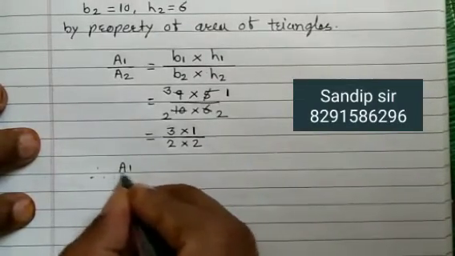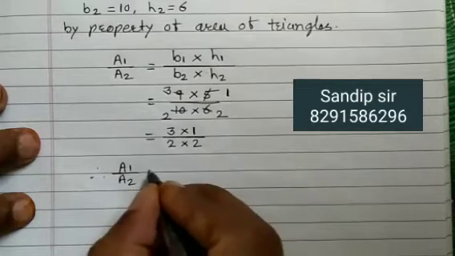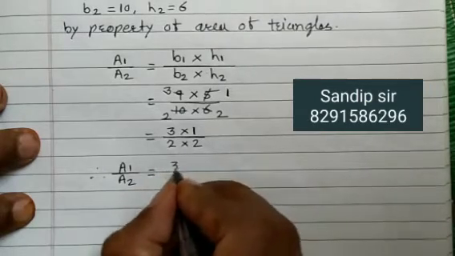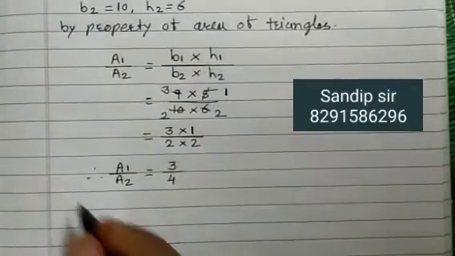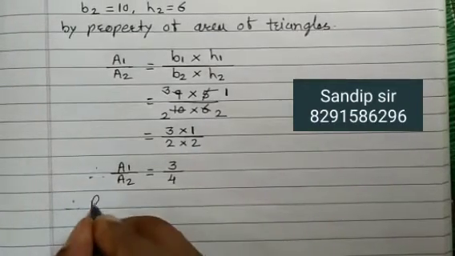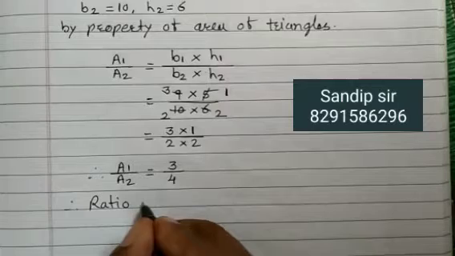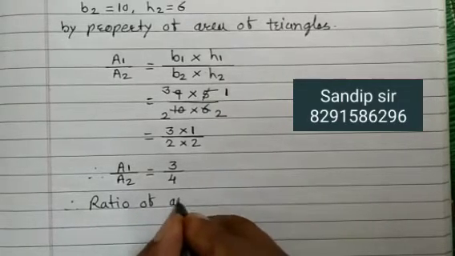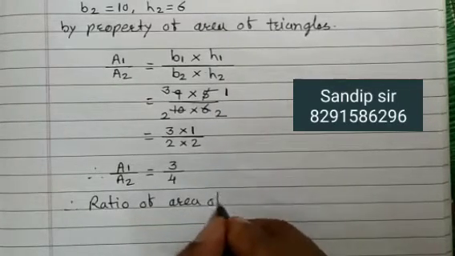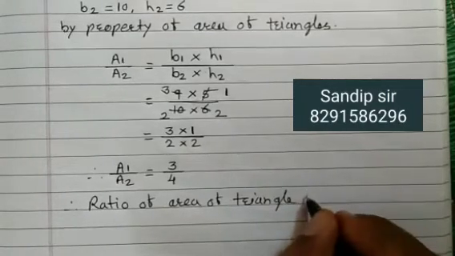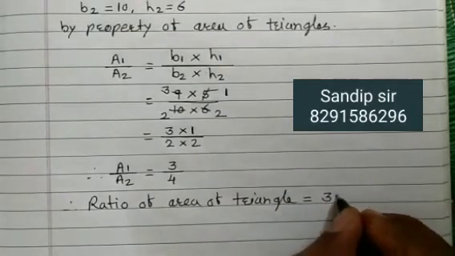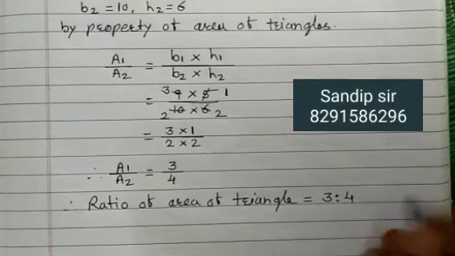Therefore A1 upon A2 is equal to 3 ones are 3 upon 2 twos are 4. Now write the answer. Therefore the ratio of areas of the triangles is equal to 3 is to 4.